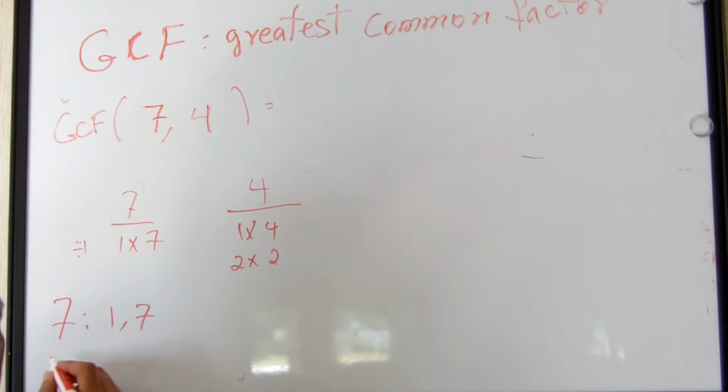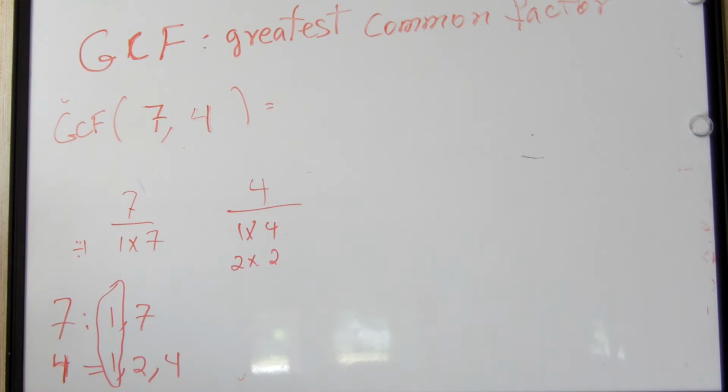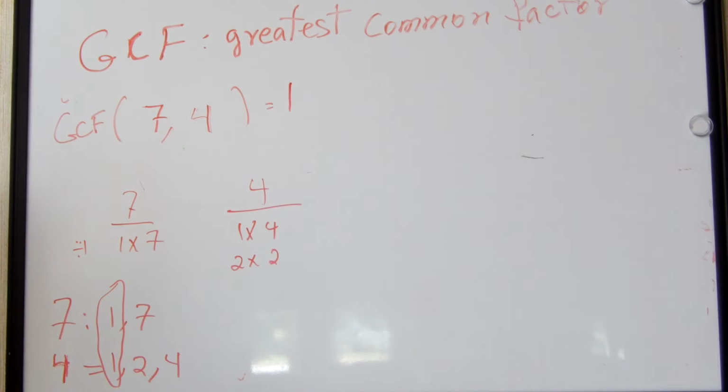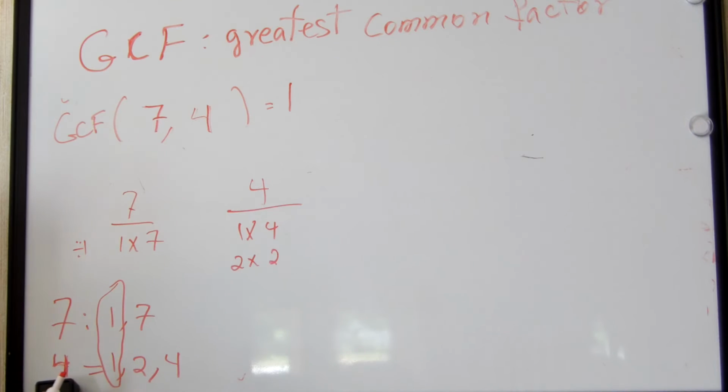So we write for 4: 1, 2, 4. See, their only common factor is 1. So the common factor of 7 and 4 is 1, because there is no other factor that is common to both.